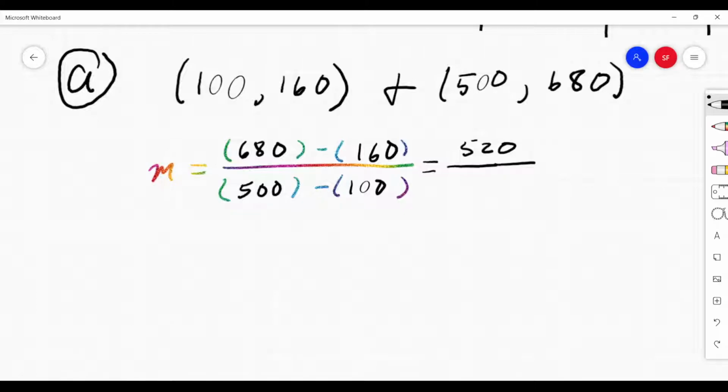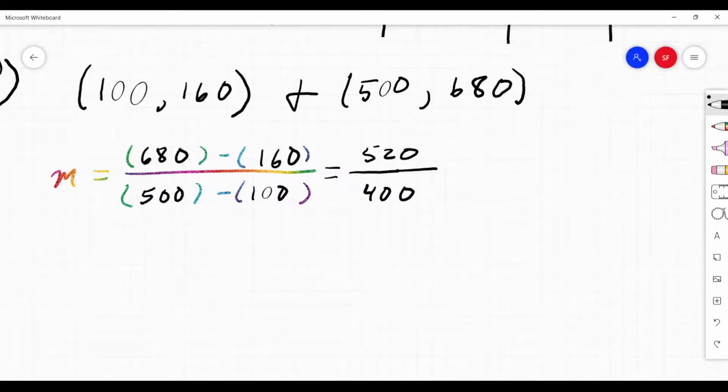What's 500 minus 100? 400. And then we reduce that. So 520 over 400 reduces to what?